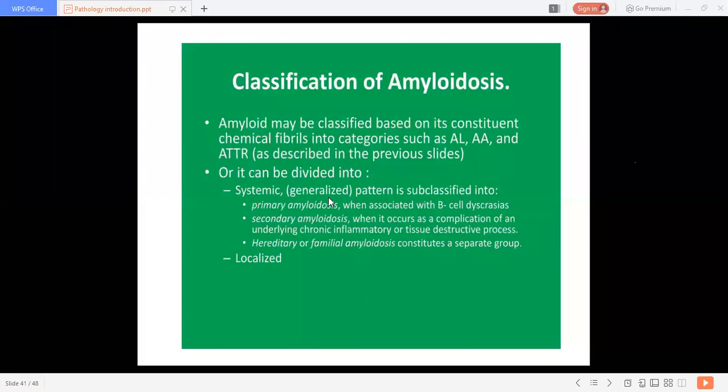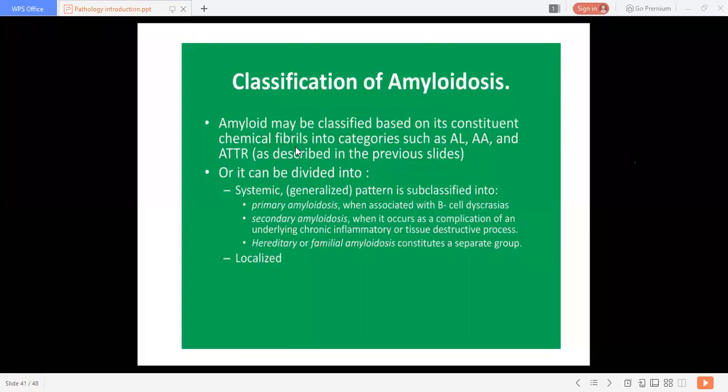So here this amyloid gets deposited abnormally. Amyloid is something which gets deposited extracellularly, and which affects the metabolism of that particular organ. So amyloidosis or amyloid deposition is always abnormal and always followed by long-term tissue destruction.